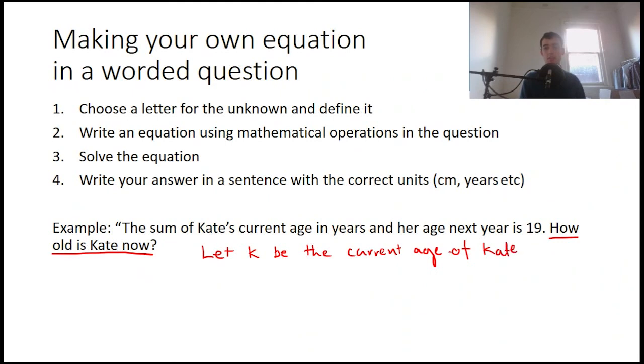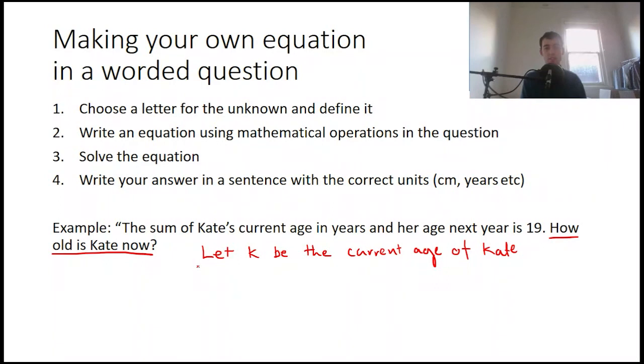You have to be very careful with this because there's the current age, which is the age right now, and her age next year as well. So there's actually two different ages, which is why we have to be very specific and say the current age, her age right now. And that's what we're trying to find. So if we find K, we'll find our answer.